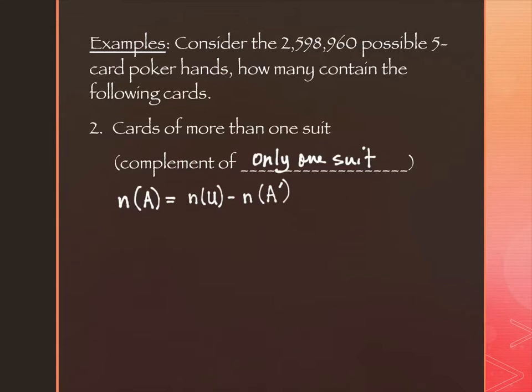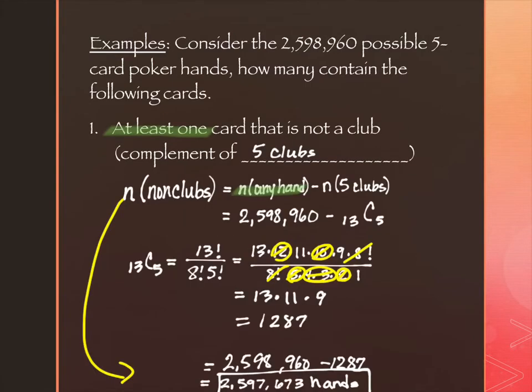Okay. So this one is the 2 million number, 2,598,960. And then let's talk about finding how many hands of cards there are that have only one suit. Now, we found out over here that there are 1,287 all club hands, correct?